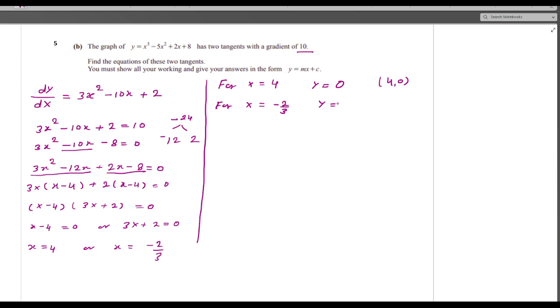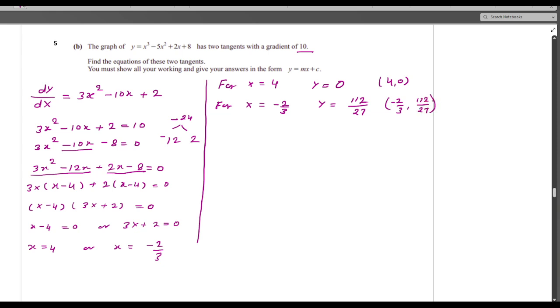So this gives you 112 divided by 27. So your other point is minus 2 divided by 3 comma 112 divided by 27.